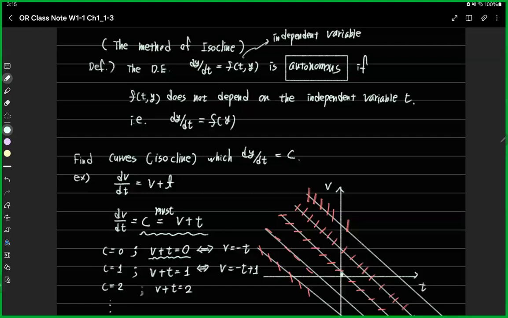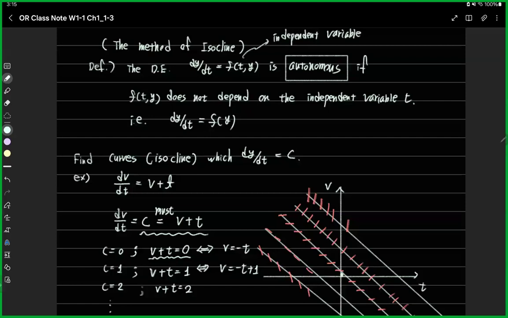So all along that line, at every single point, dv/dt must be 0, which means the slope is 0. So we're going to get a horizontal line segment for each point. For the other cases, c equals 1, 2, 3, 4, 5, you can figure out dv/dt, the slope of v, along the line.